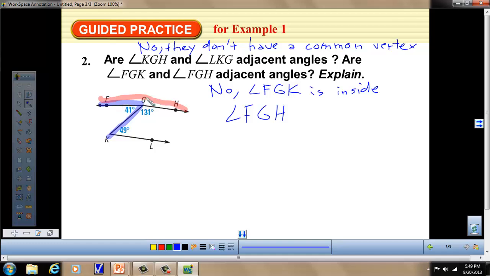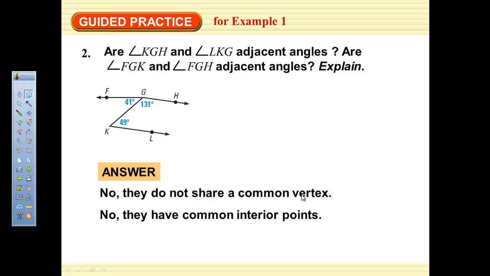The common side that they share is not on the inside of the two angles. So it has to be in between them, not on the outside there. And as they say here, common vertex for the first one, they have common interior points for the second one. So that's another way of saying that one is inside the other. And that's it. Thanks.